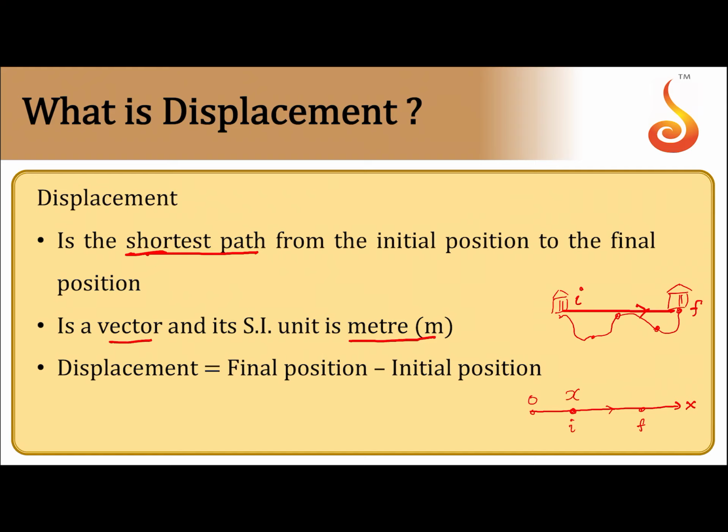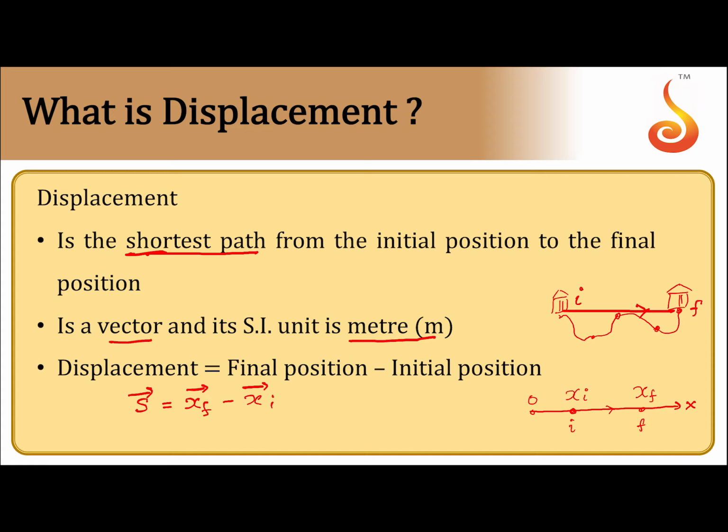The x coordinate of the initial position is xi, the x coordinate of the final position is xf. So, the displacement which is represented by s is the final position minus initial position. But you should be very careful here, it is a vector. So, I should represent it with appropriate symbol. So, xf minus xi. This is how you represent the displacement.